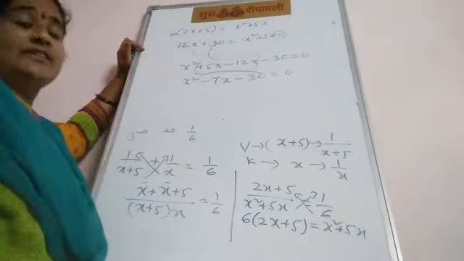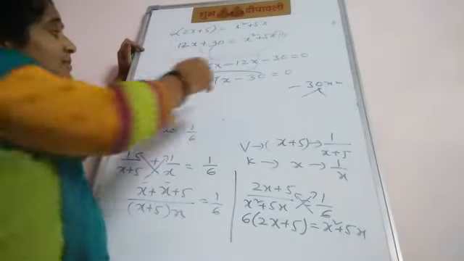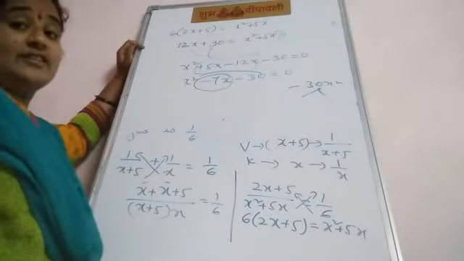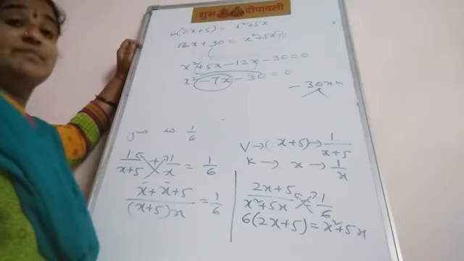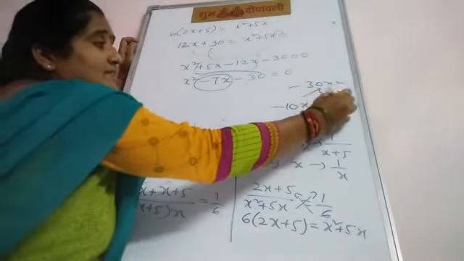x square into minus 30. Now here, what is the middle term? Minus 7x. So 10 threes are 30, 10 minus 3 is 7. But here the middle term is minus 7, so I will take minus 10x plus 3x.